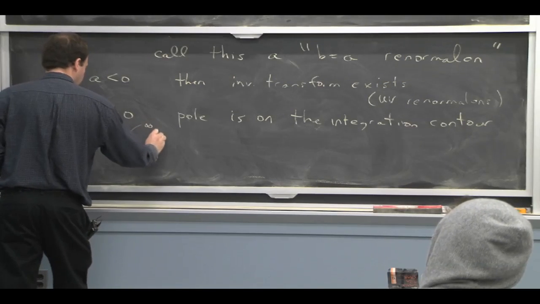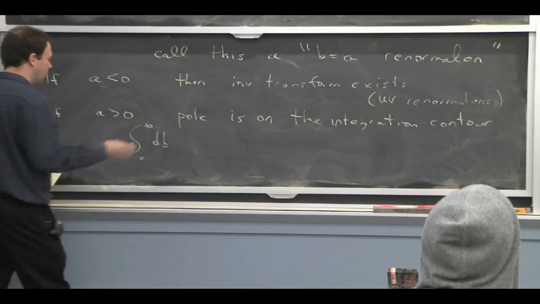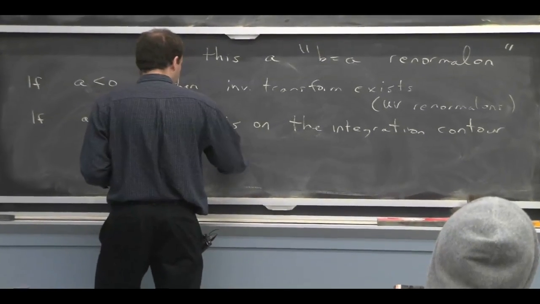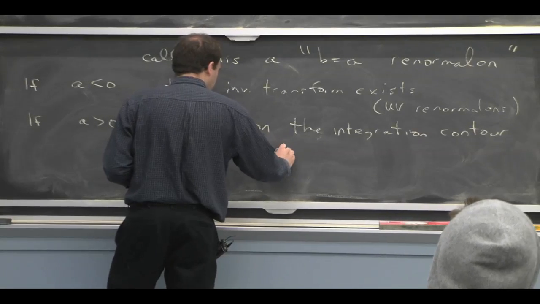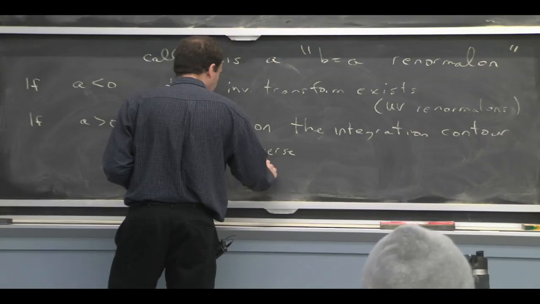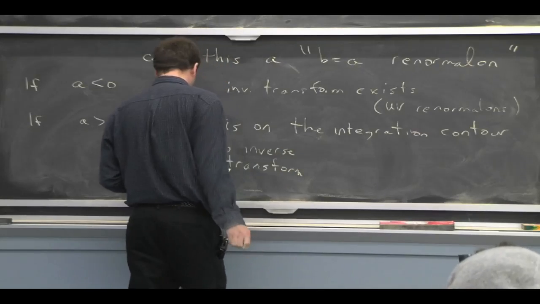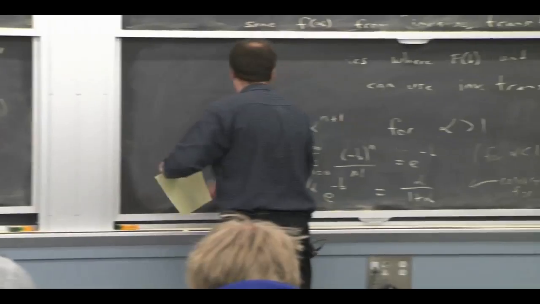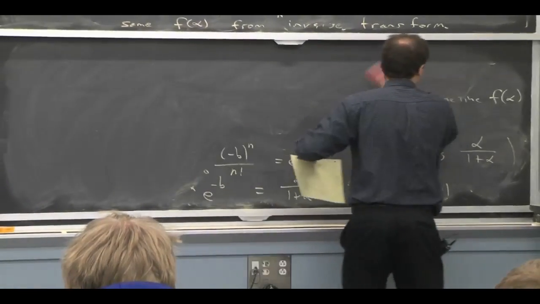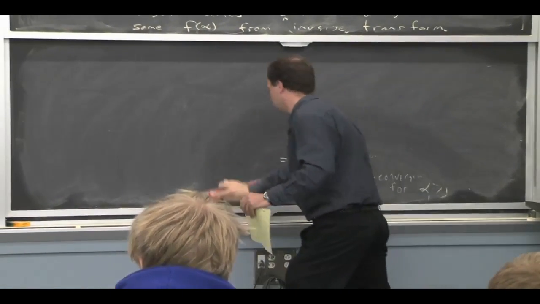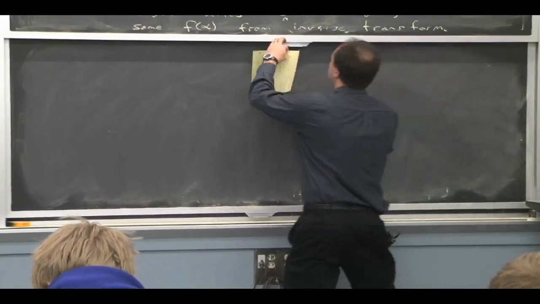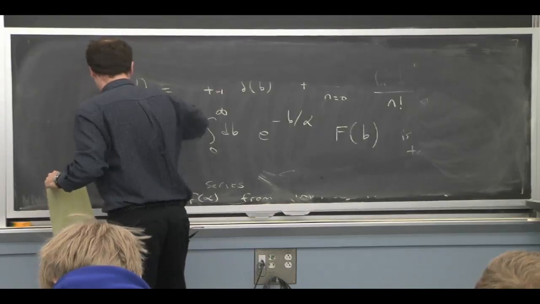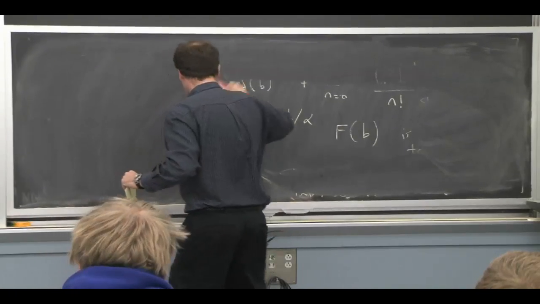So we're integrating dB from 0 to infinity, and we just have a pole sitting on the axis, and what do we do? You could think about characterizing how poorly behaved a perturbation theory is by looking at these poles.